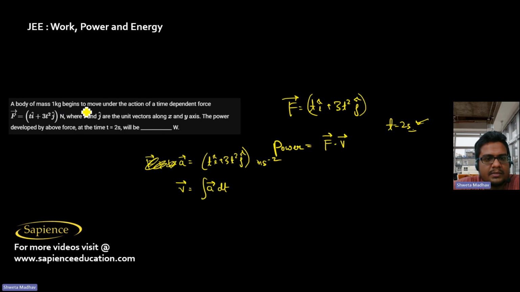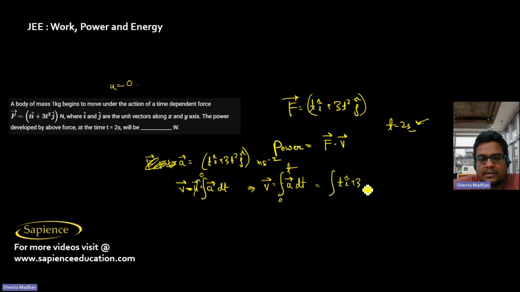One kg begins to move, so it is initially at rest. Actually, V minus U equal to integral A dt. Since U is 0, V will be equal to integral A dt from 0 to t. So this will be equal to integral t i cap plus 3t square j cap dt, 0 to t.